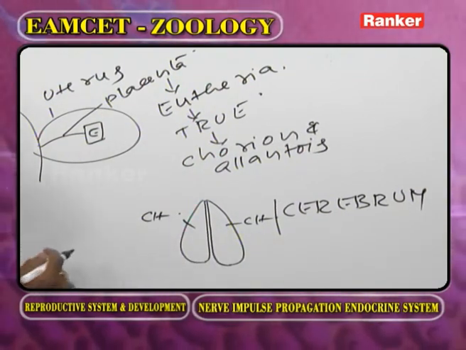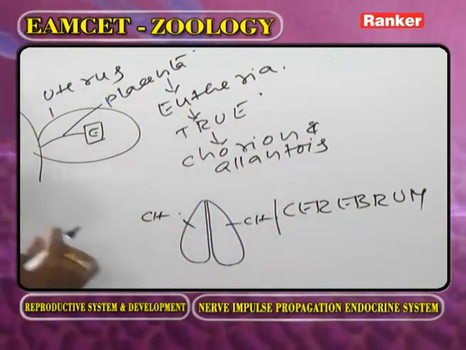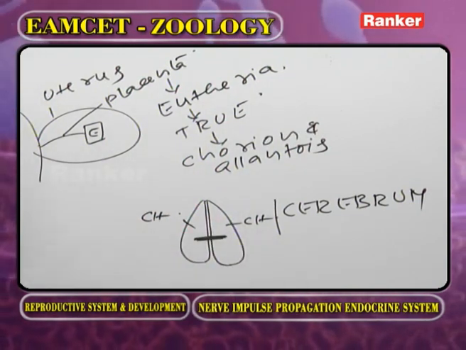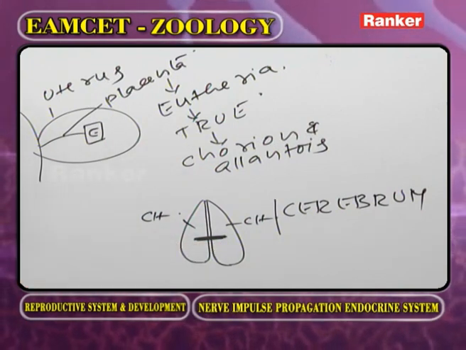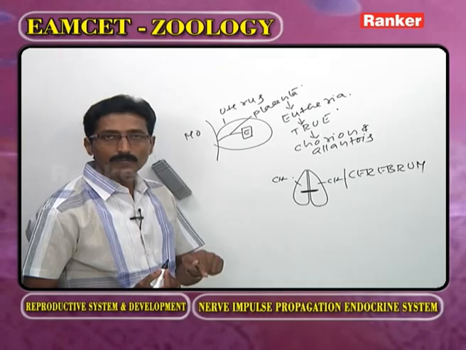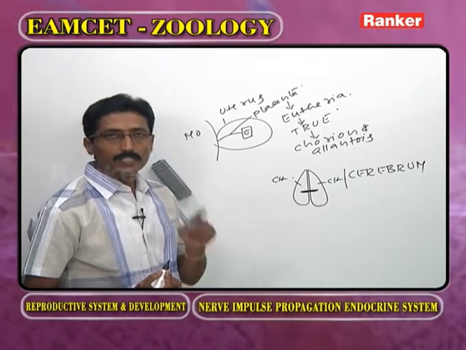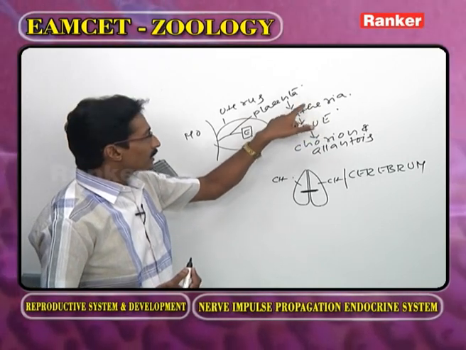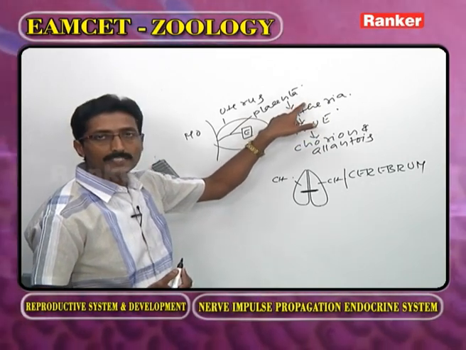Two. Now in the case of placental mammals, the two cerebral hemispheres are connected by a transverse nervous tissue that we call the corpus callosum. Corpus callosum is clear in the case of eutheria. Eutheria is called true placentalia.